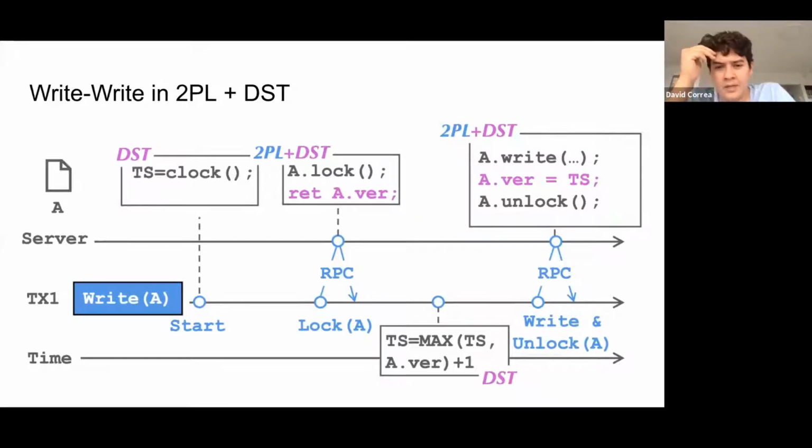Then it sets a lock, and it retrieves the version of A. Then the transaction calculates a new timestamp, which is the maximum of either the one that it currently has or the version that it retrieved from the server, plus 1. And then when it finally writes, we write the new value of A, set the new version to be the new timestamp that we calculated, and then we unlock A.